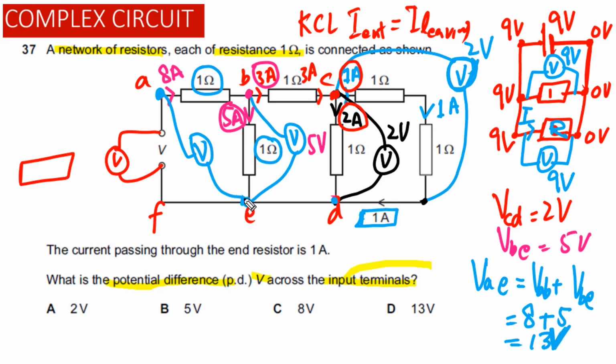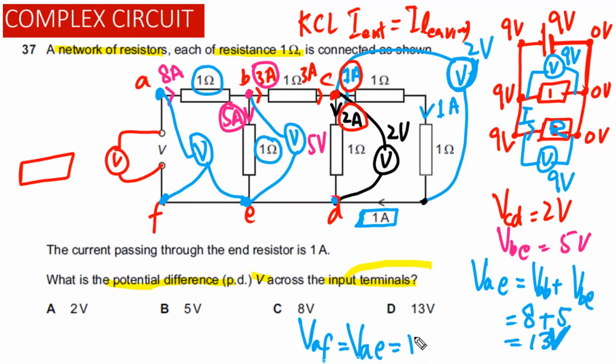So it's 13 volts. Now my question for you is that, if I connect this voltmeter across AF, what is the reading on voltmeter? Means what is the potential difference across AF? Again you will say this potential difference is equal to AE because there is an ideal wire, there is no potential drop or there is no energy loss.